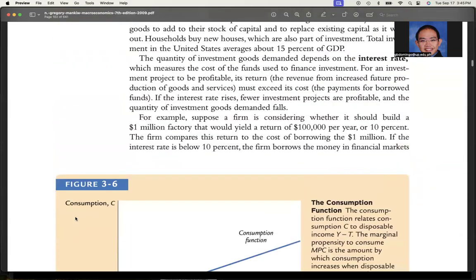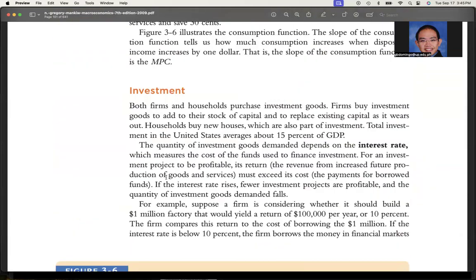Next, investment. So both firms and households purchase investment goods. Firms buy investment goods to add to their stock of capital and replace capital as it wears out. Meanwhile, households buy new houses, which are also part of investment.